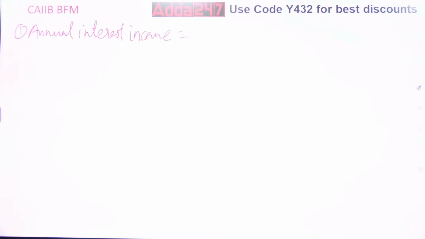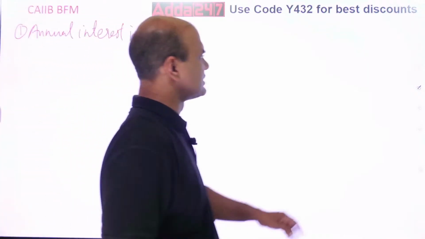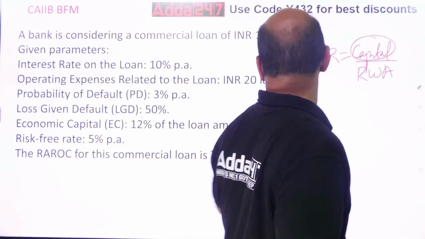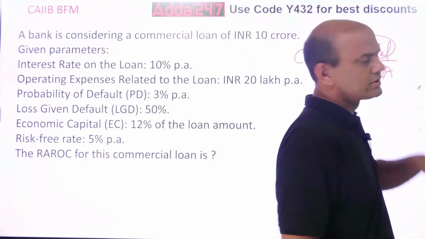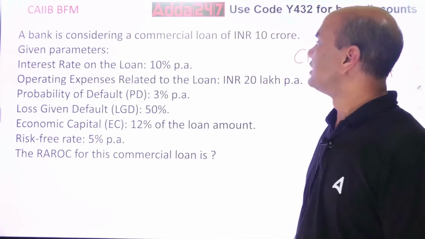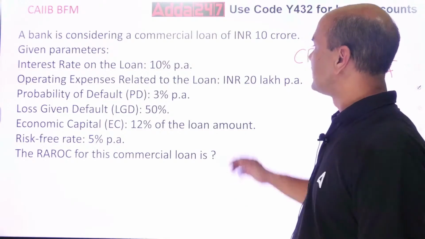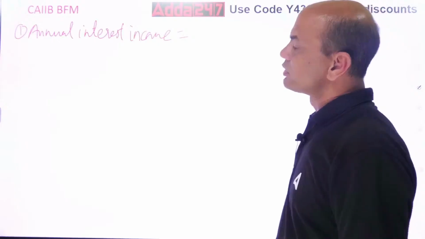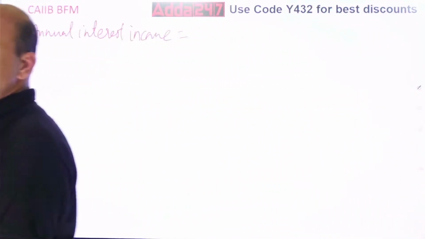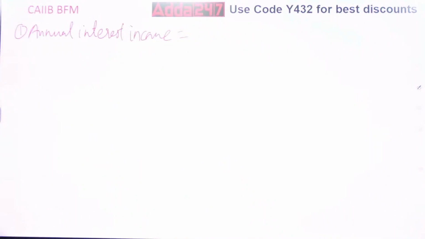What is given? The commercial loan is of 50 crores and the interest rate is 8%, right? 10 crores, sorry. 10 crores, and the rate of interest given is 10%. Find this. Get the answer.